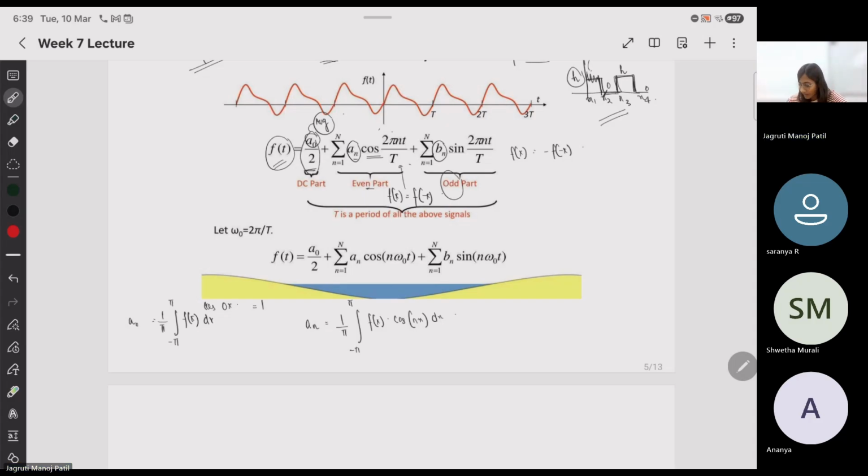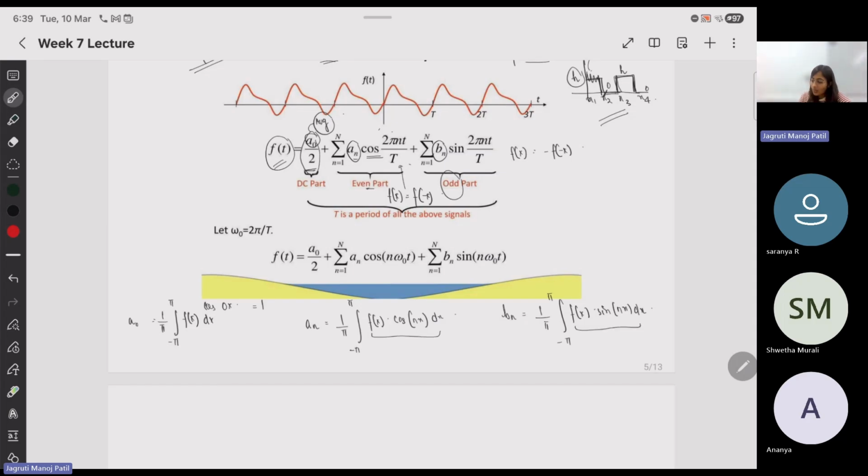Similarly bn would be 1 by pi, integral from negative pi to pi, f of x and then the sine component of nx dx. Okay, understood.